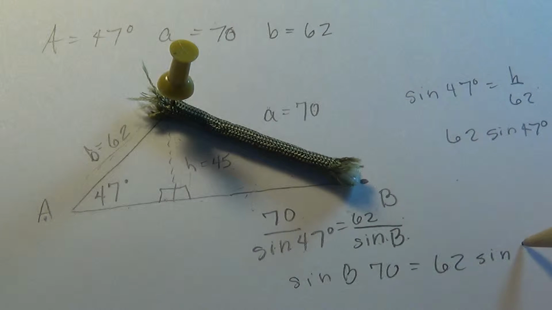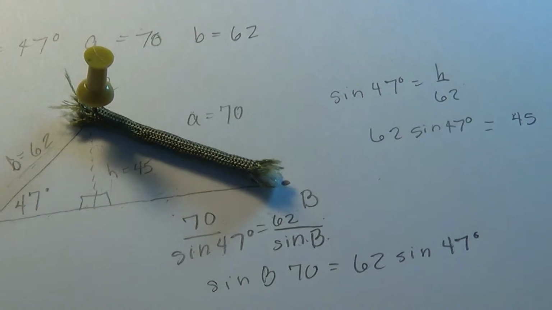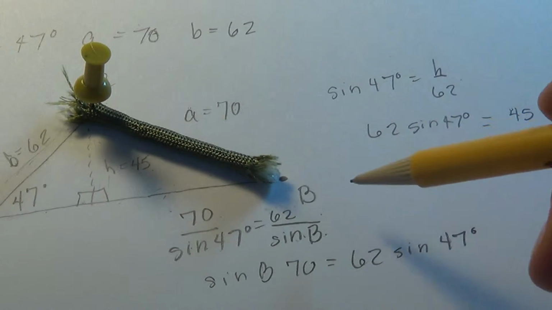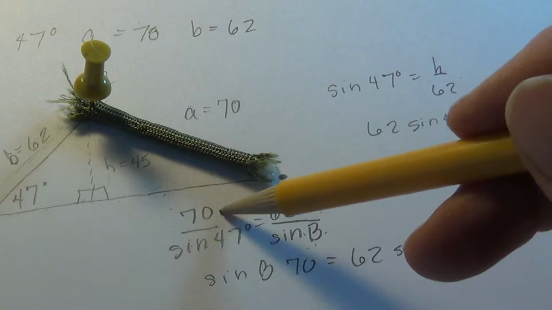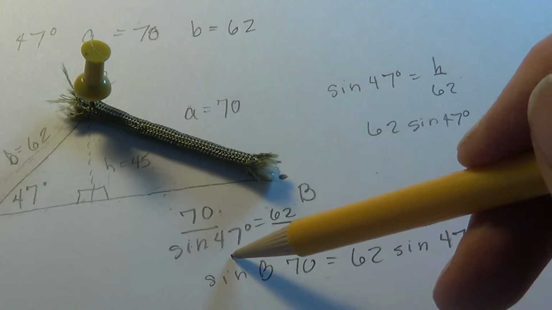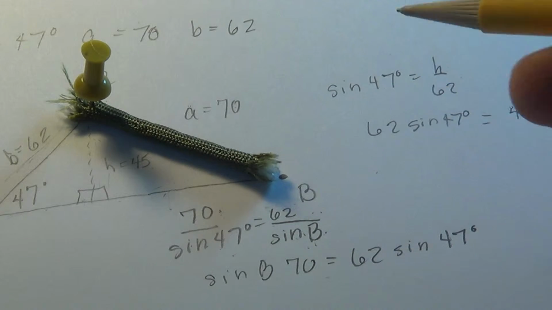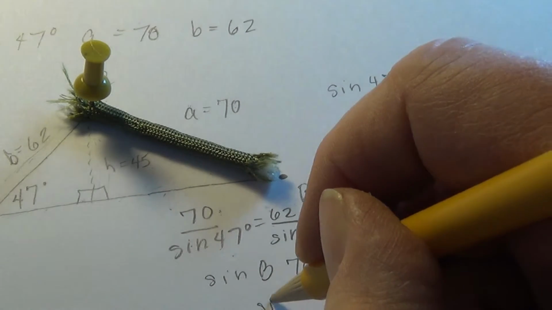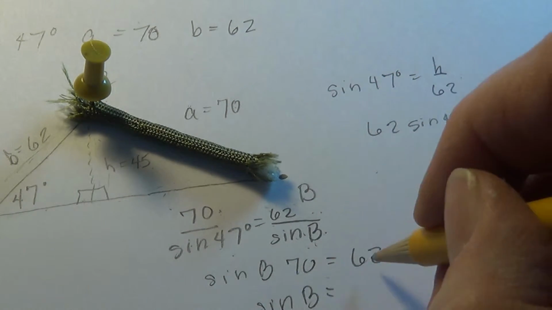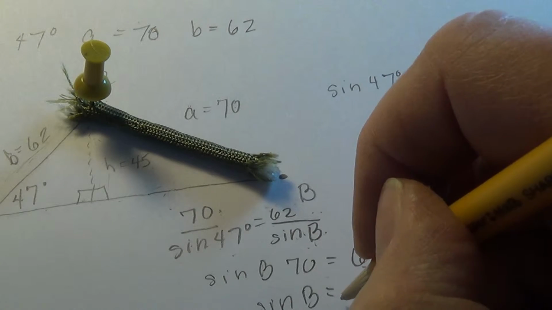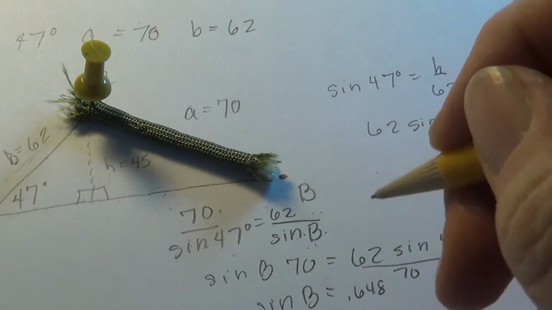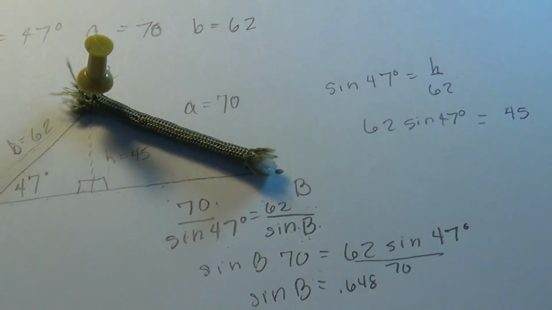And that's what some of us call cross multiplying. So if you think of it in that way, it's this times this, sine B times 70 equals this times this. All right, so we end up solving for sine B by dividing this by 70, and when I did that, I got 0.648. And what angle has a sine of 0.648?